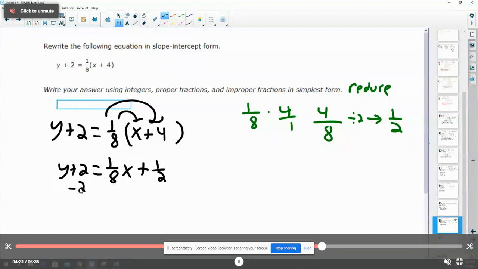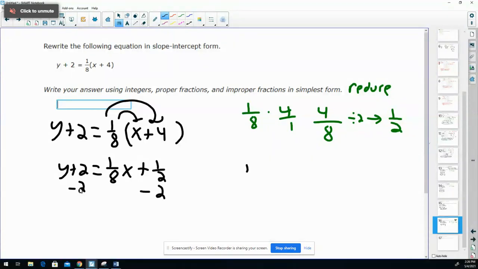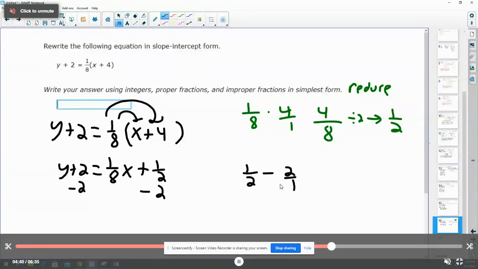Okay, now we minus 2 from both sides. Now when I do 1/2 minus 2, I've got to find a common denominator. So I'm going to make this 2 into a fraction over 1, and because this is over 1, I can multiply by the other denominator. If you have something over 1 minus a fraction, you multiply by the other denominator.